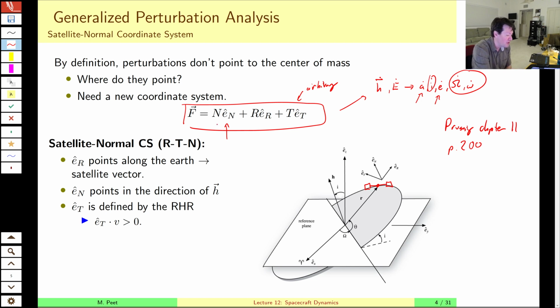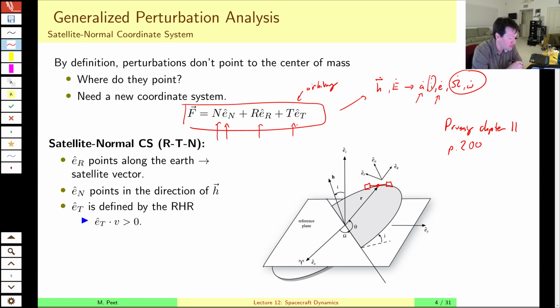So it's easy to figure out the n component, the r component, and the t component. This is also occasionally called the RTN coordinate system. I think it's also the Frenet coordinate system, although don't quote me on that.